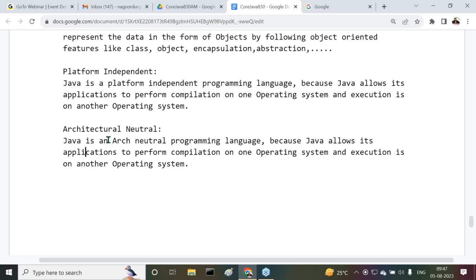Why? Because Java allows its applications to perform compilation on one hardware architecture, and execution on another hardware architecture.